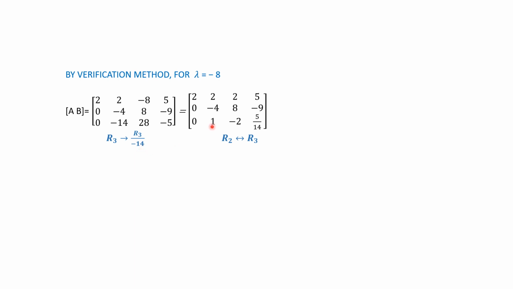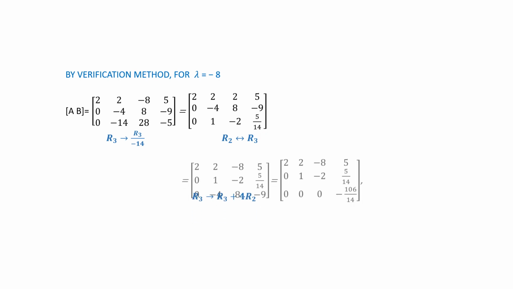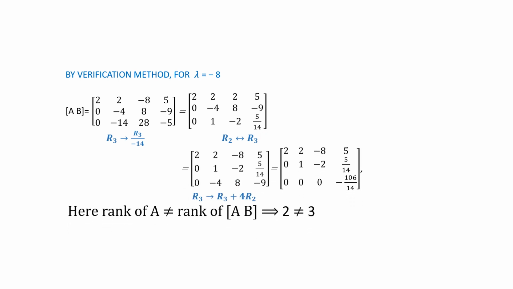Then we get the matrix 2, 2, -8, 5, 0, -4, 8, -9, 0, 1, -2, 5 by 14. And R2 is interchanged with R3. Then the matrix is 2, 2, -8, 5, 0, 1, -2, 5 by 14, 0, -4, 8, -9.